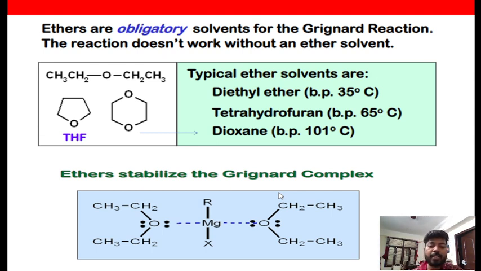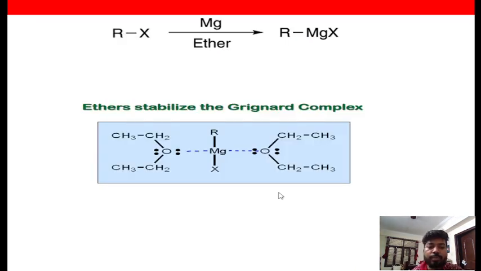Ethers stabilize the Grignard through their non-bonding electrons, as you can see in this picture at the bottom. That's why ethers are the obligatory solvent for the Grignard reaction. The reaction doesn't work without these ether solvents.